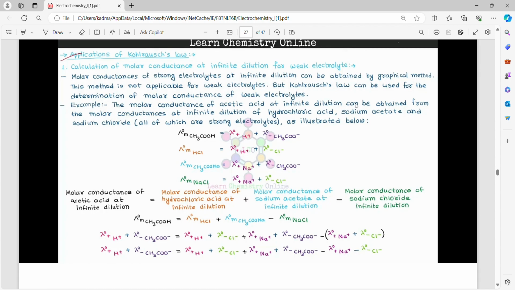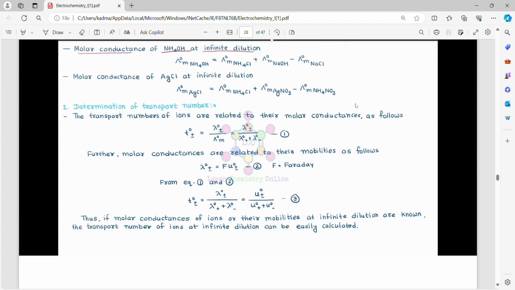Molar conductance of acetic acid at infinite dilution is equal to molar conductance of hydrochloric acid at infinite dilution plus molar conductance of sodium acetate at infinite dilution minus molar conductance of sodium chloride at infinite dilution.